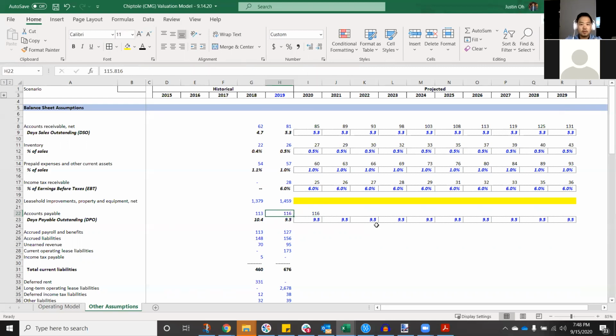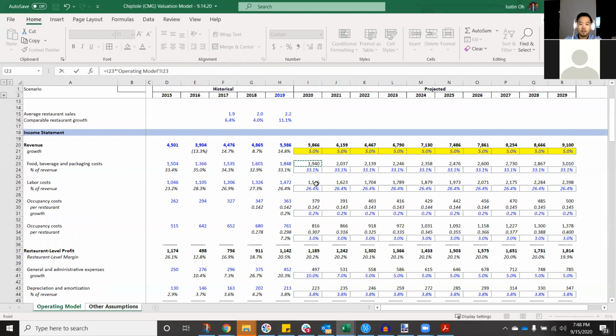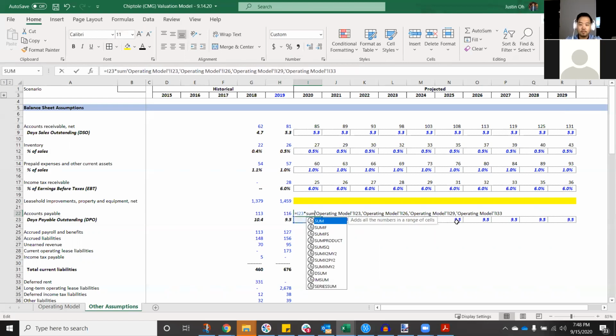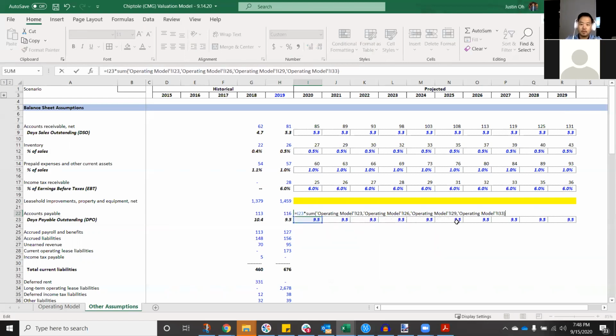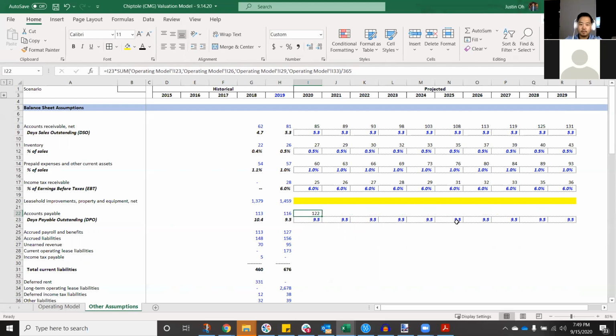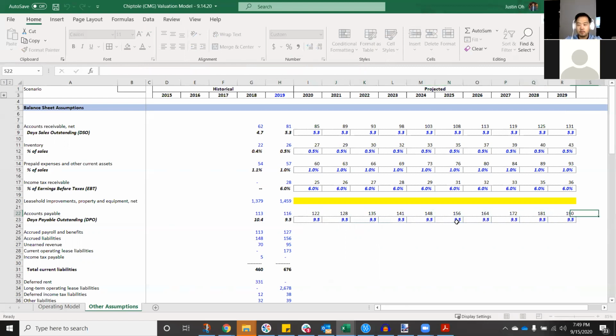Did I do it again? I did it again. Equals this, times COGS on 2020, sum, divided by 365. Okay, there it is. That's the right number.